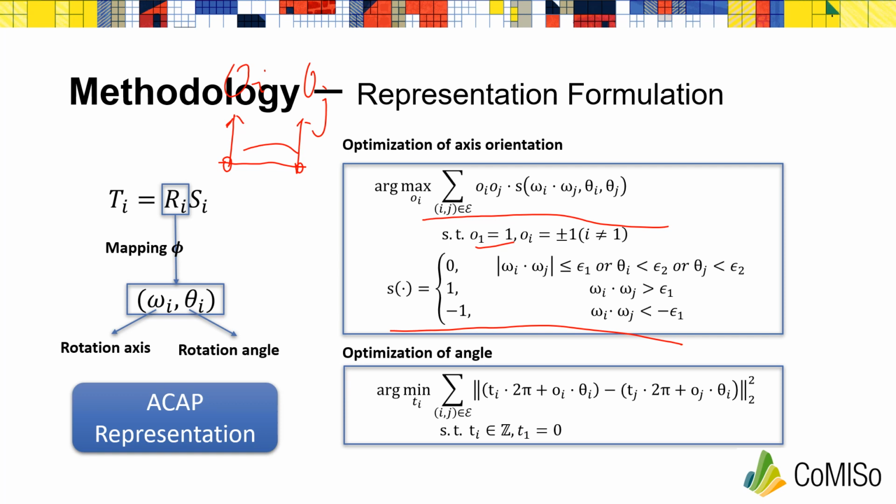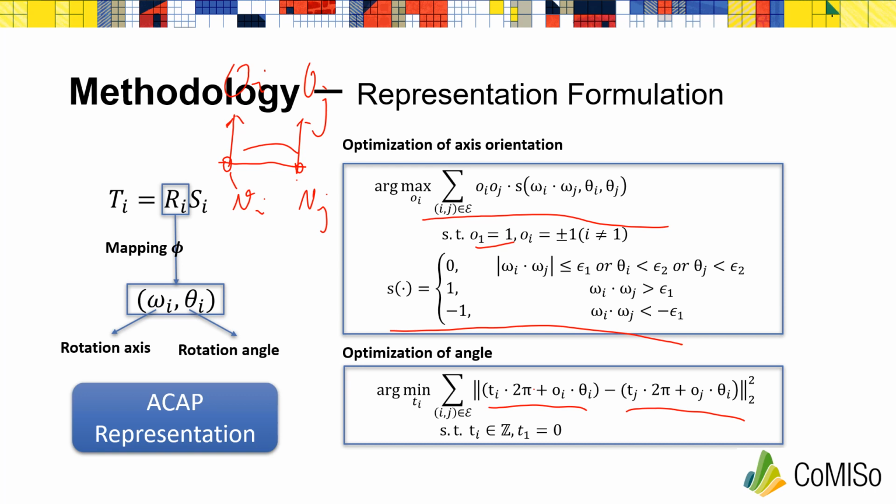The principle is also that the difference between the two adjacent vertices should be as small as possible. So we just subtract these two angles. The left one is the rotation angle of vertex V_i, and the right one is the rotation angle of vertex V_j. So we want the difference to be as small as possible.